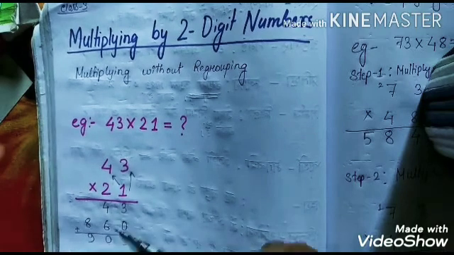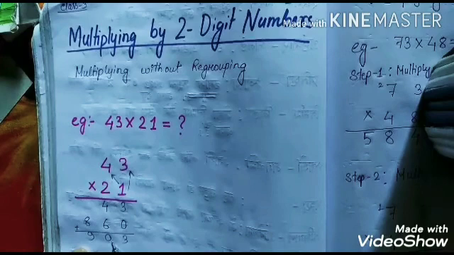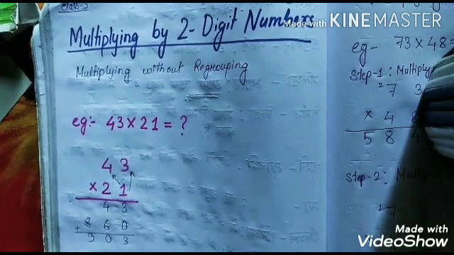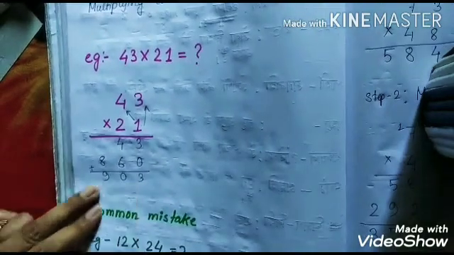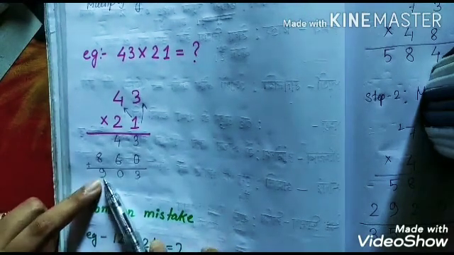In this way you follow each and every step, and definitely you will get your answer. So yes, now it's visible. Here we get our answer, 903.